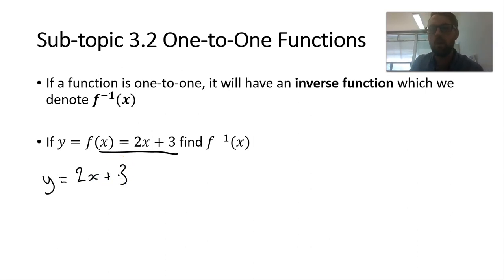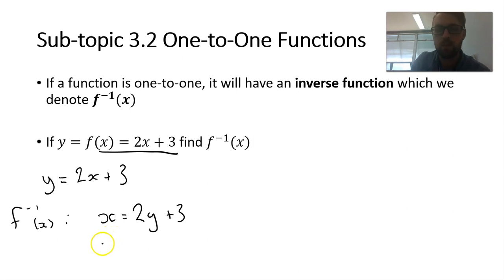Okay. Now to work out our inverse of x, what we do is we change the x and the y. So I'm going to write that as x equals 2y plus 3, and we rearrange to solve for that. So therefore my x, if I take that 3 to the other side, x minus 3 equals 2y. I'm going to divide that by 2.